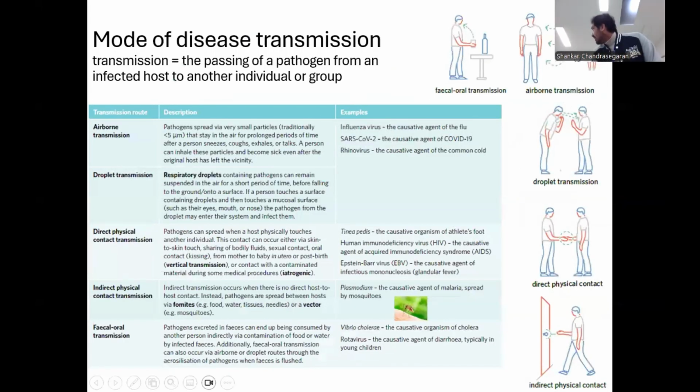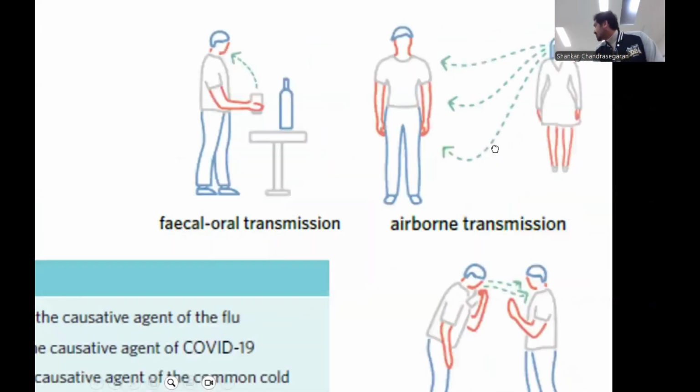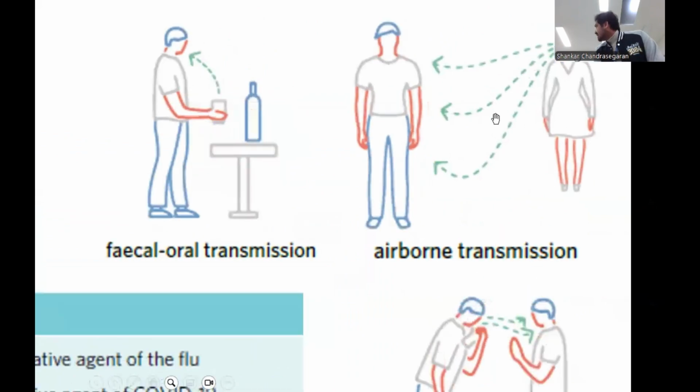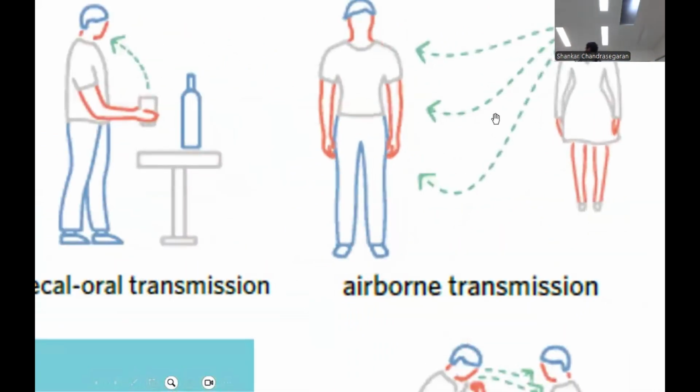The next one is your classic airborne transmission. This is basically when we are breathing, the air that we release is also exposed to all the pathogens in our body, and any pathogen that is capable of being transmitted through the air will basically just by breathing get exposed.